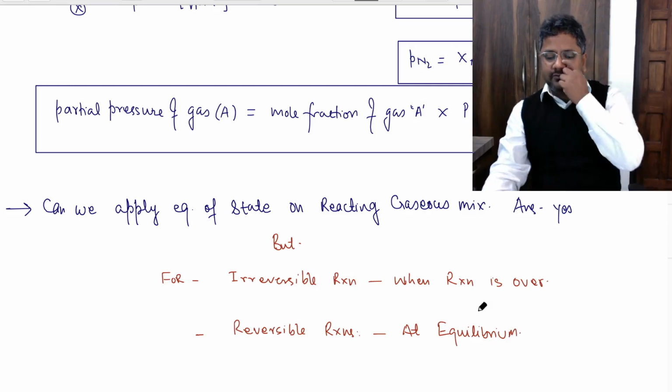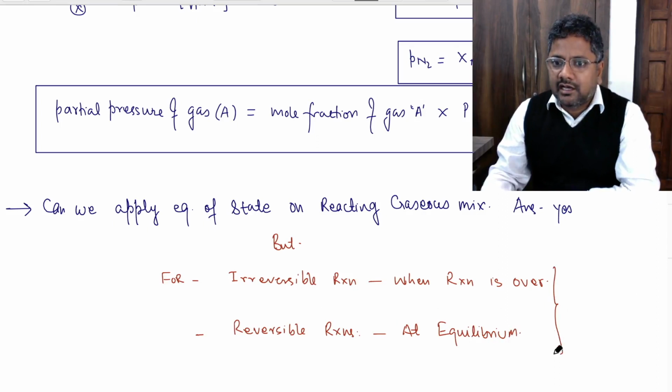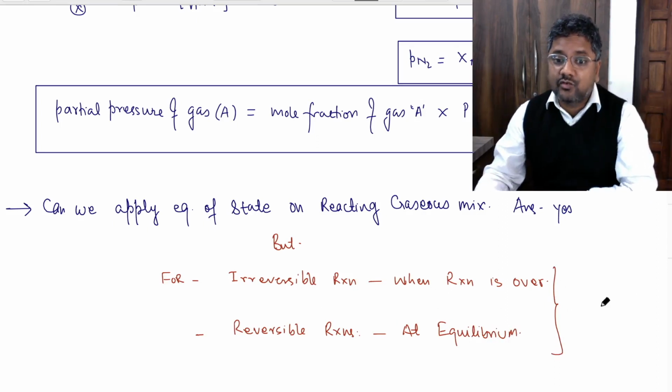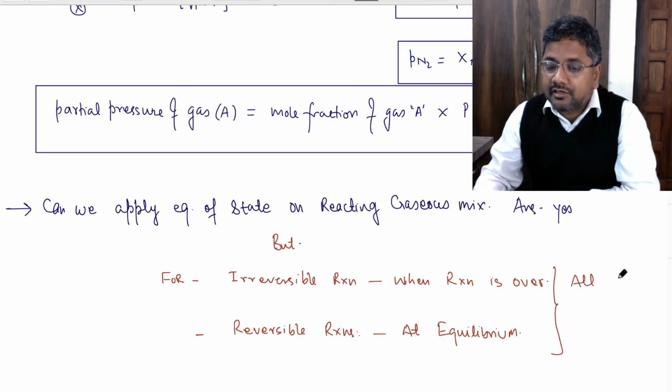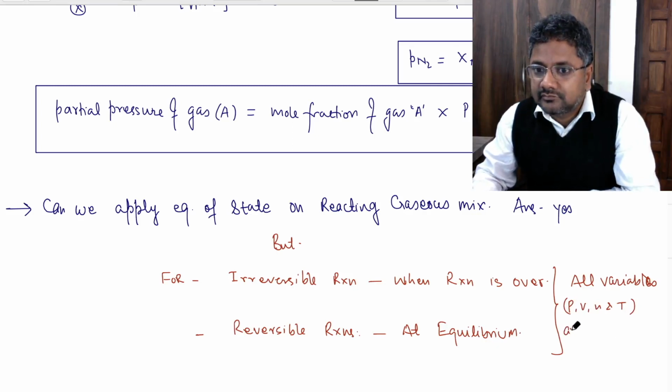You know, for a reversible reaction at equilibrium or an irreversible reaction when the reaction is over, all variables P, V, n, and T are constant with respect to time.